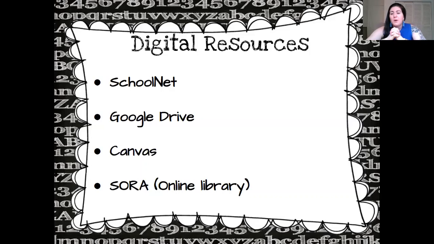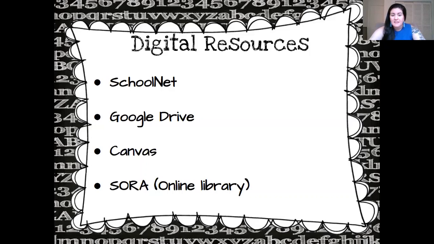Canvas is where we are accessing pretty much everything at this point. It's also where they're submitting work. The only thing I want to say about Canvas is that the grades in Canvas and the grades in PowerSchool are not necessarily the same. So Canvas gradebook can be a little bit difficult for the teachers to navigate.